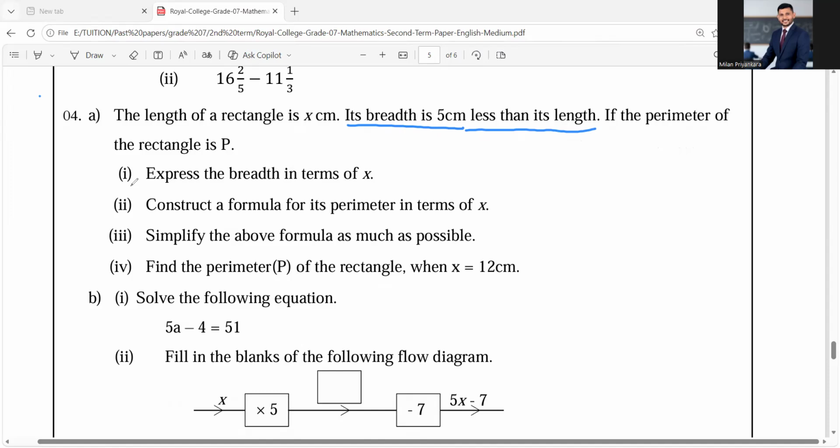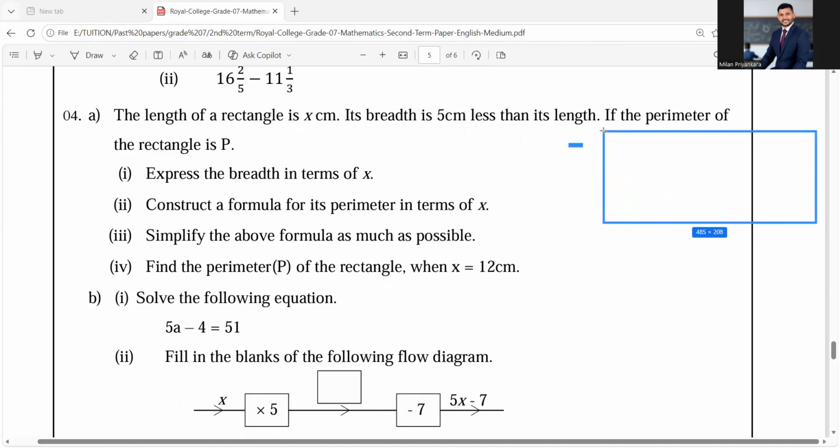The perimeter of the rectangle is P. Okay, now in this kind of a question, I strongly suggest that you draw it. Then let's draw a rectangle. Now we have the rectangle and we will mark this information.